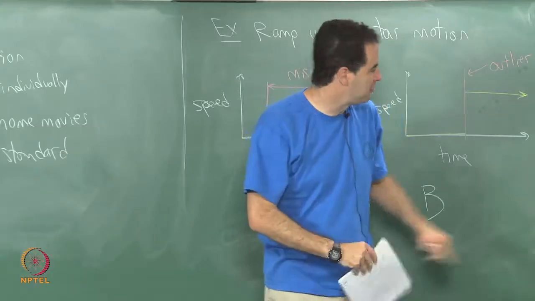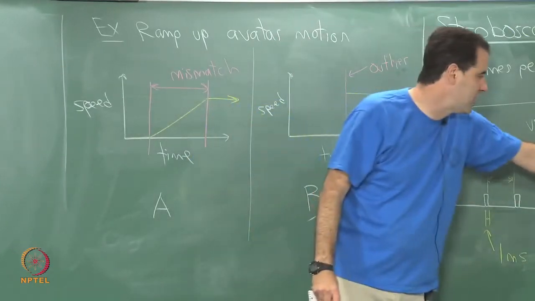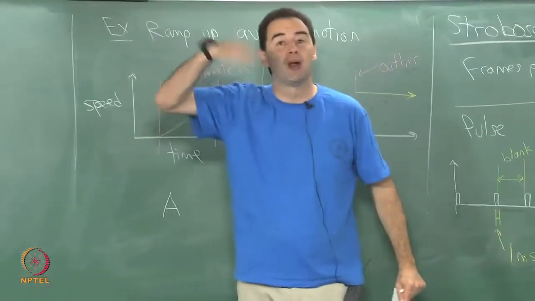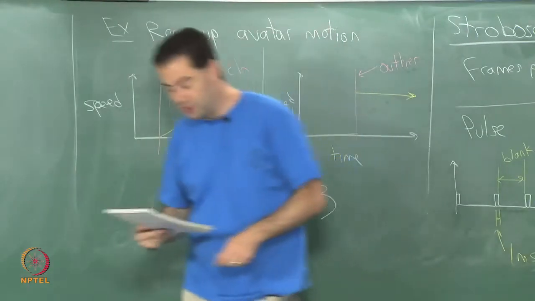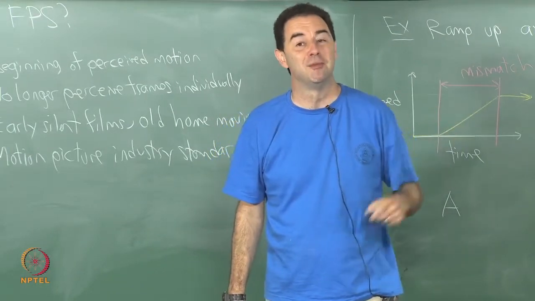Right? If I just have these frames pulsing on and then going black for the rest of the time, or even if the frame is on and then quickly changes to another, you will perceive some kind of flickering. So people started making multi-blade projectors that will show the same frame multiple times.